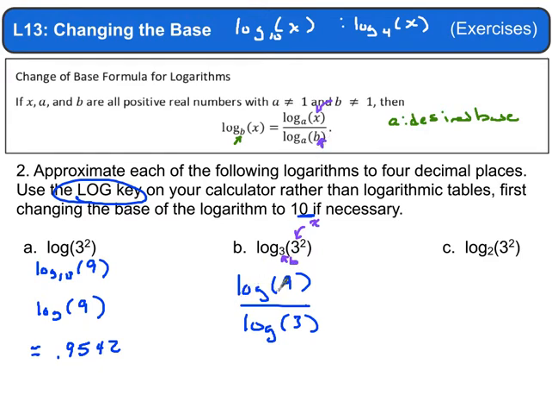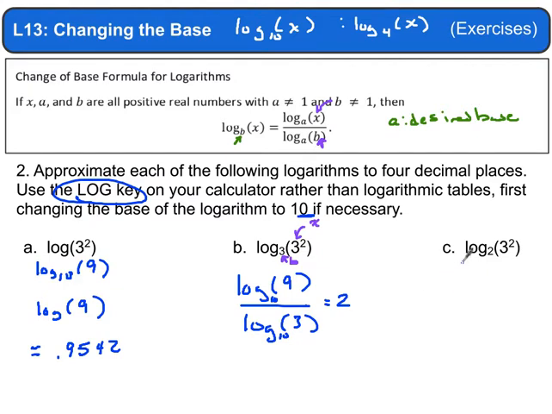That's how we get to log 9 over log 3. And so now in each of these cases, my little base is 10. So we can go to my calculator, and then we can type in log 9, and we can divide that by log 3. And we find out the answer to this is simply a 2.